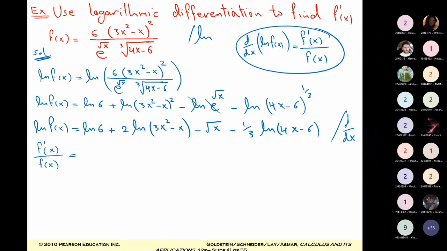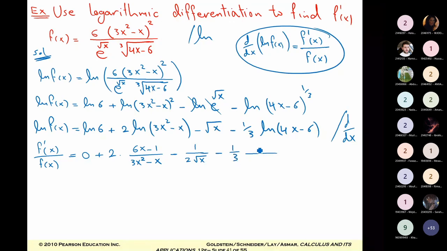This equals the derivative of ln 6, which is 0, plus 2 multiplied by (6x minus 1) over (3x squared minus x), minus the derivative of radical x, which is 1 over 2 radical x, minus 1 over 3 multiplied by 4 over (4x minus 6), like this. Now, if we need to find f prime, multiply both sides by f of x, because I need f prime.